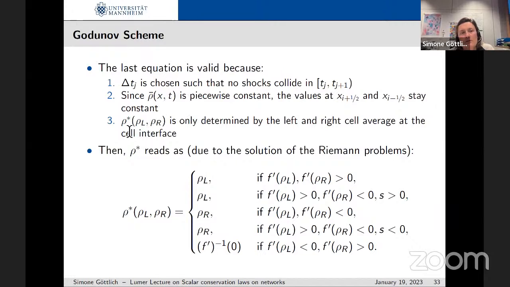And we need to know these rho star depending on the values of rho L and rho R at each of these interfaces. What you see here is a collection of possible values that might be chosen for rho star. These values correspond to the exact solution of the Riemann problems at the cell interfaces. Behind this closed formula, there is a detailed discussion of each of these Riemann problems, and it turns out which value is the right one for the Godunov scheme to run.